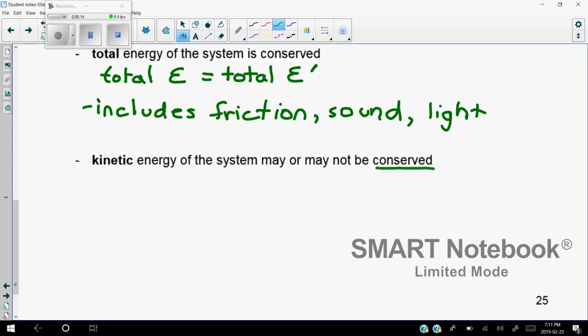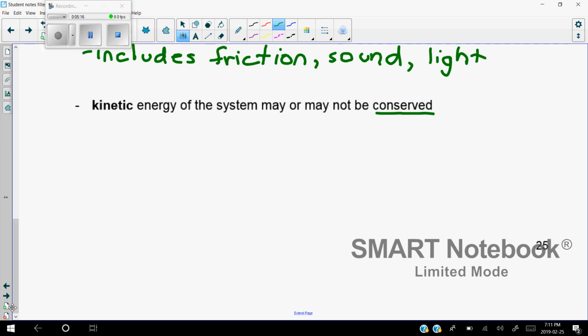We have two different options to look at here. So there's two possible situations. So we're going to look at what happens if it is conserved and what happens if it isn't conserved. So the first situation would say that it is conserved.